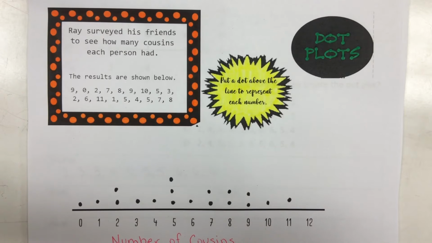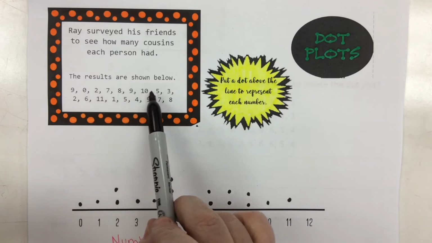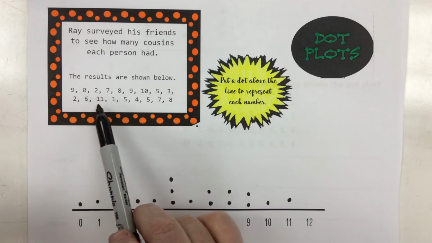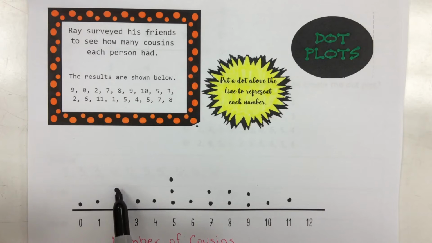Now let's count and see, did I put the right number of dots? That's 18, and counting again, 18. All right, that looks pretty good. That is my dot plot.